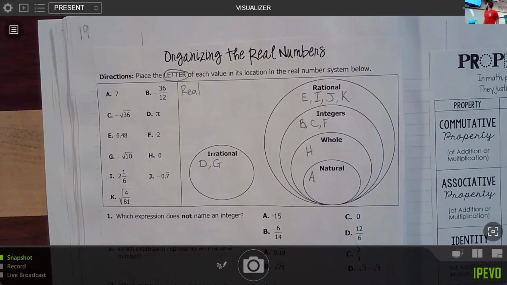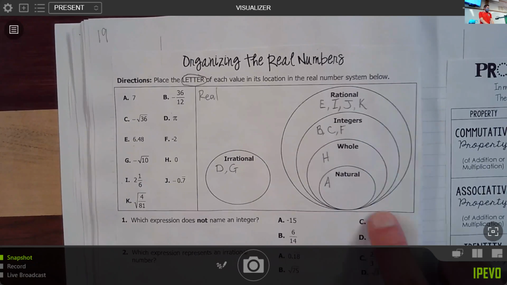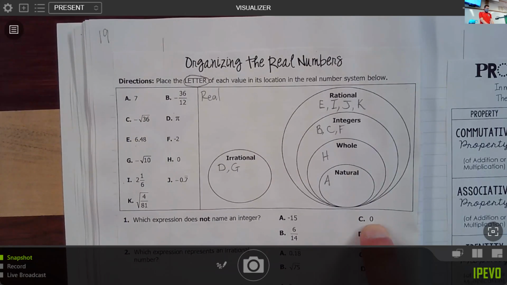Okay. Next one. Which expression does not name an integer? Okay, so which one of these is not an integer? Is it A, B, C, or D? So 0. Is 0 an integer? Is it a positive or negative whole number or 0? Yeah. So C is an integer.